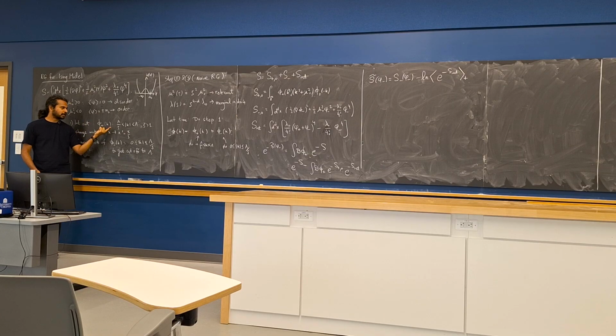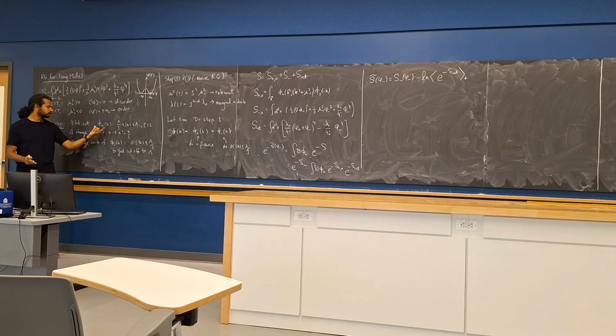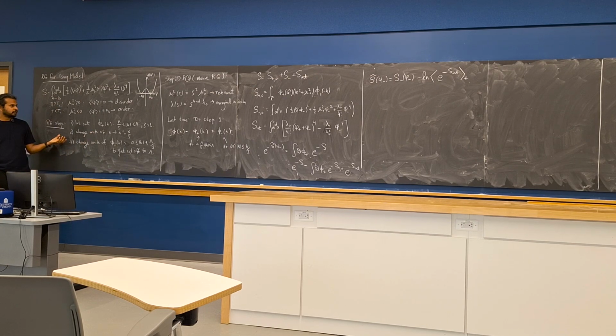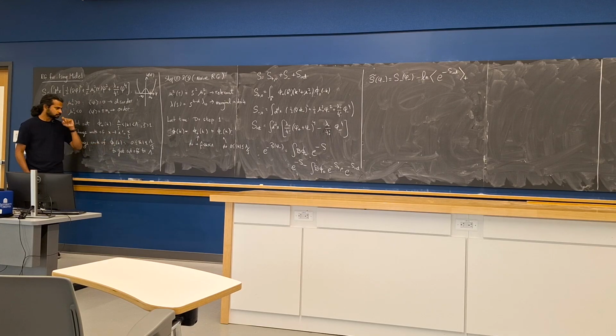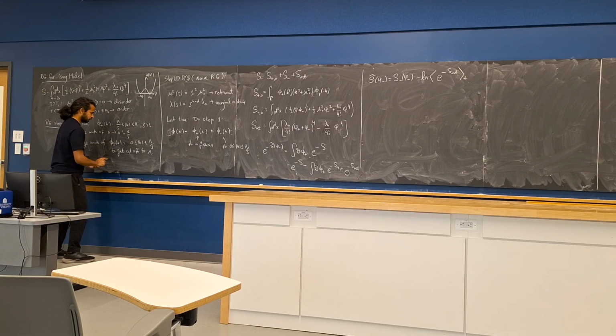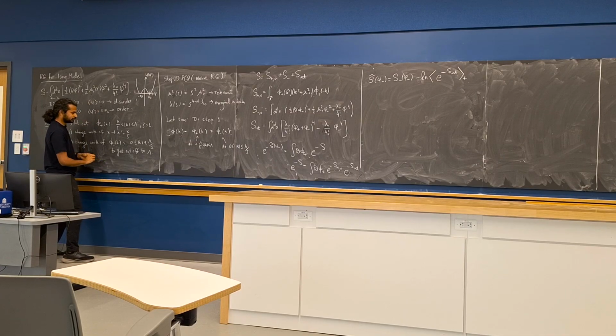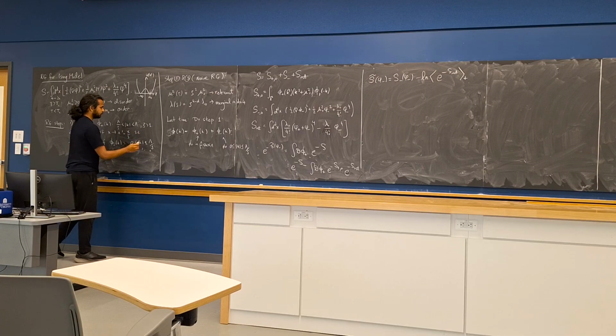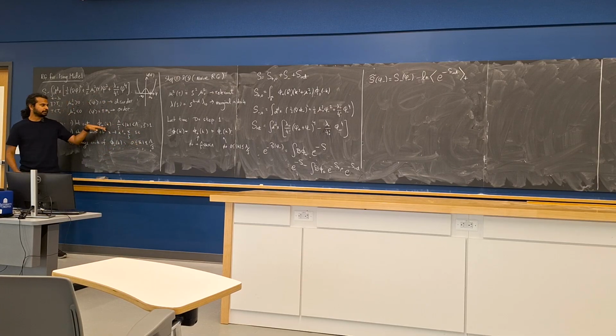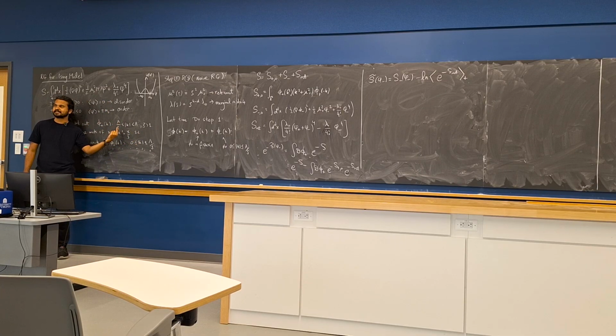So we integrate out high momentum modes or short distance modes, and then we change units of the position variable x to x prime such that, after we integrate out this high momentum mode, the new cutoff is lambda by zeta.